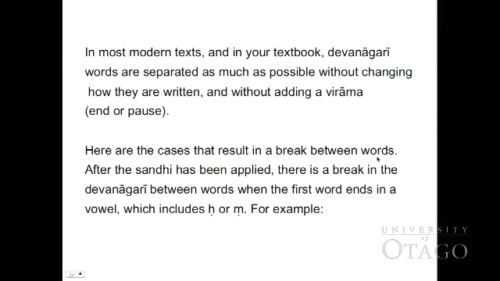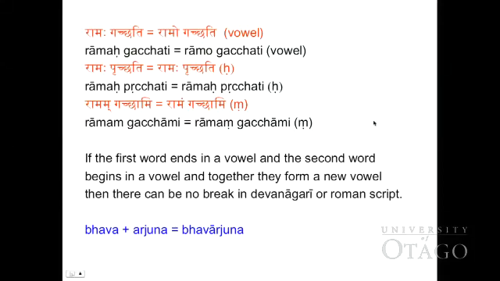Here are the cases that result in a break between words. After the sandhi has been applied, there is a break in the Devanagari between words when the first word ends in a vowel which includes ha and ma. For example, Ramah gacchati. When you apply sandhi, it will be Ramo gacchati.